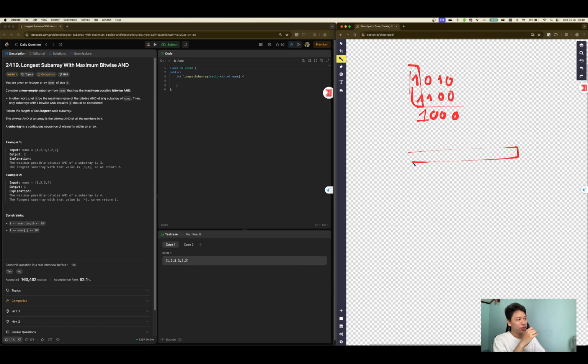Because the bitwise operators work on bits, and each bit is independent, which means we can process each bit. To maximize, we can consider from left to right because the left side is the highest bit.